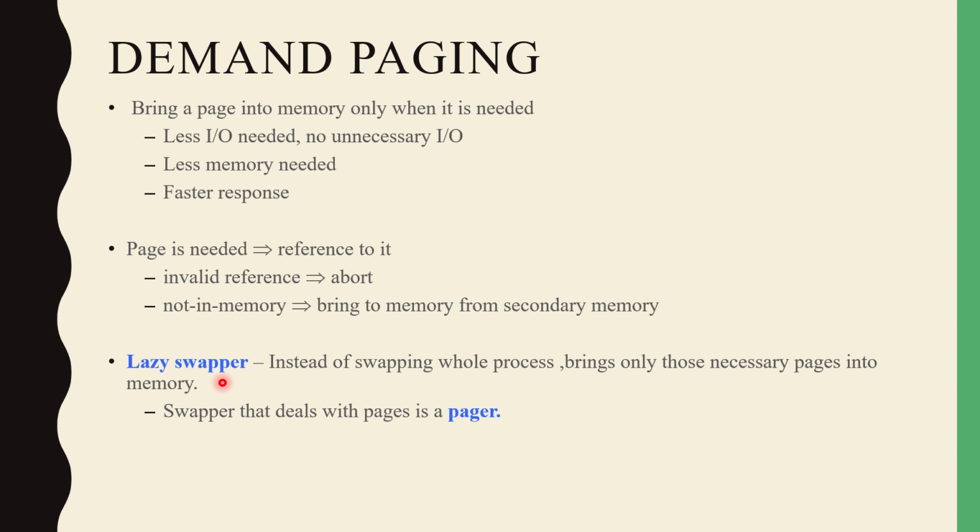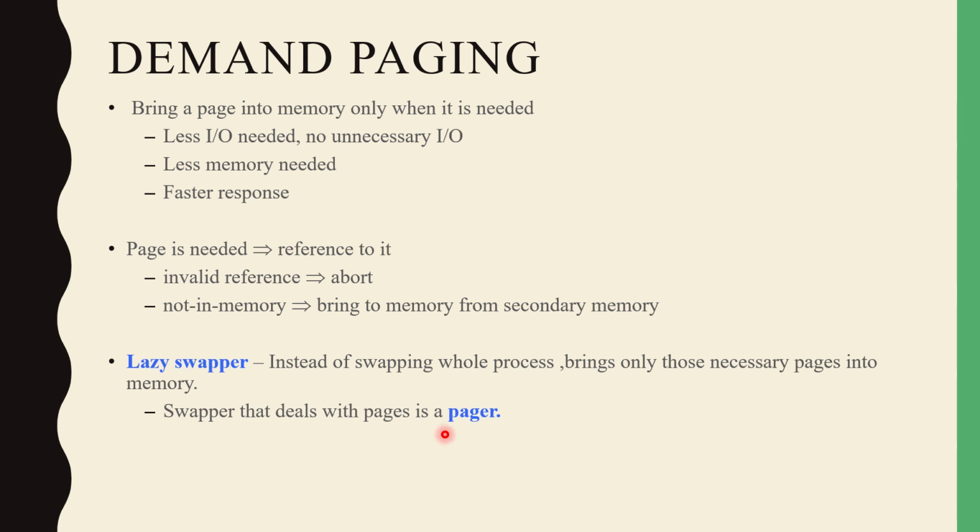The first 5 minutes of pages will be loaded to the main memory and executed first. So instead of swapping the whole movie, only some pages are loaded to the memory and executed. That is called lazy swapper. Instead of swapping the whole process, it brings only some necessary pages into memory.